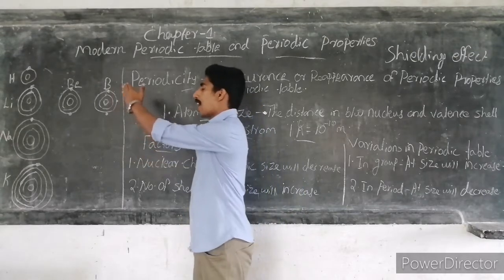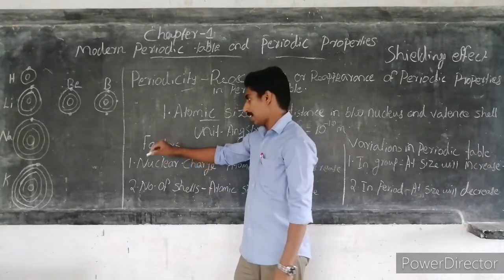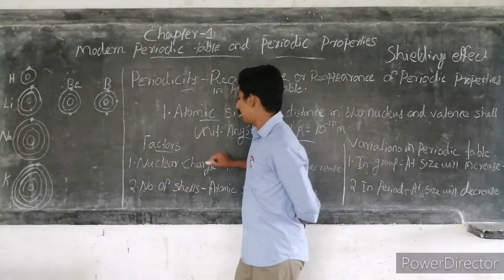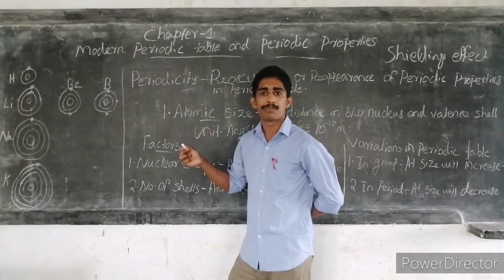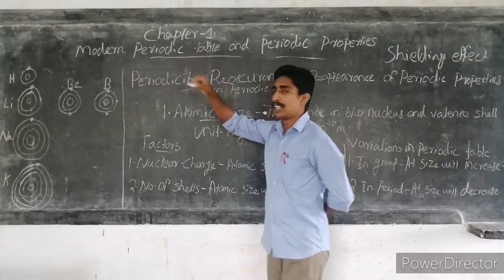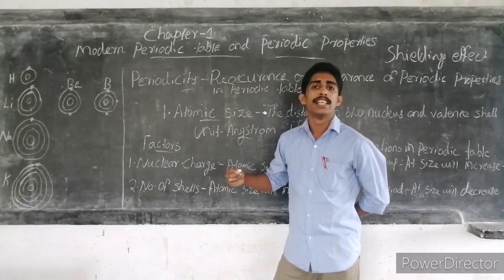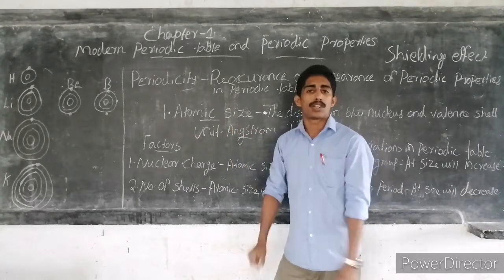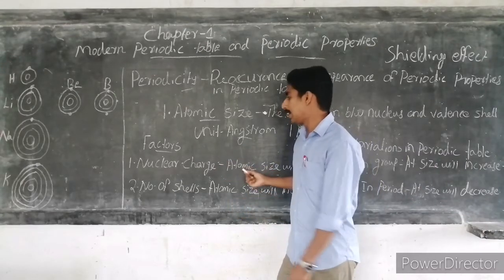After that, the atomic size will decrease. But if the nuclear charge decreases, obviously atomic size will increase. Why? Because the effect of the nucleus on the valence shell will decrease, so the nucleus cannot bind the electrons forcefully. So the atomic size will increase.